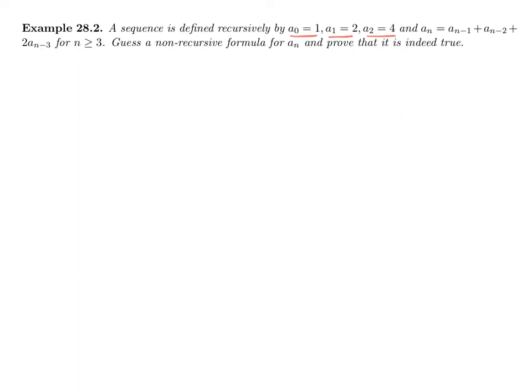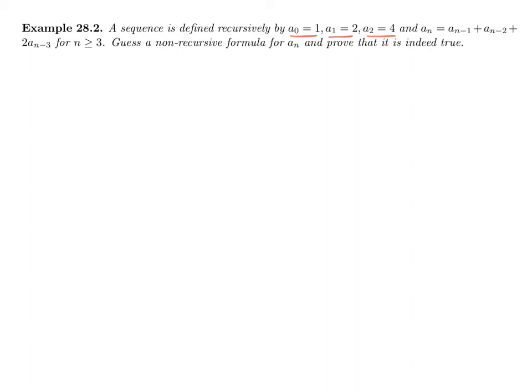So what I want you to do is guess a non-recursive formula for an and then prove that it's indeed true. So my suggestion to you guys right now is to calculate a few elements of this sequence. So calculate, we have A0, A1, A2.